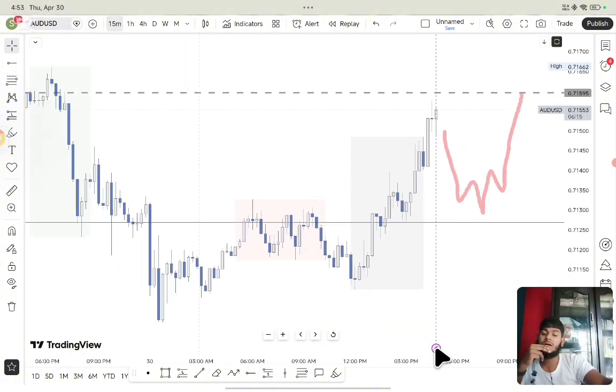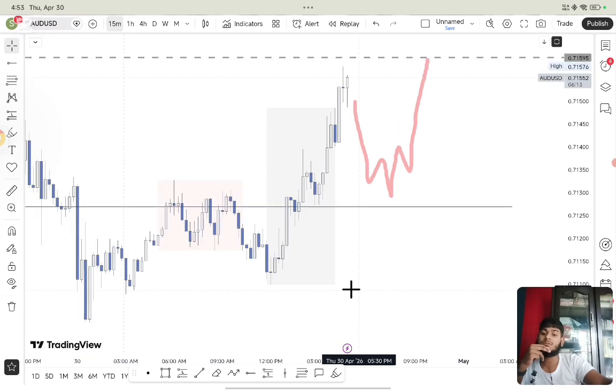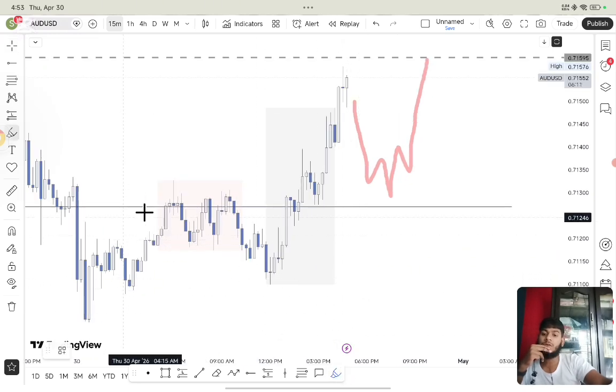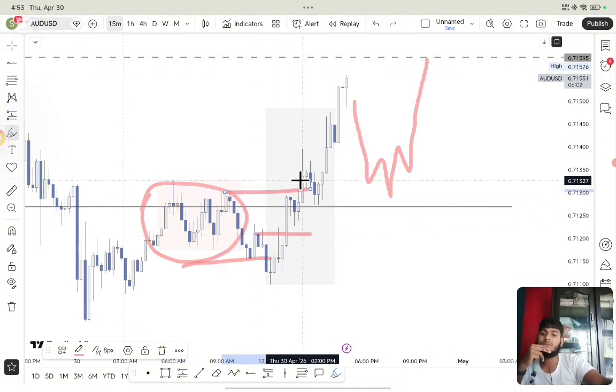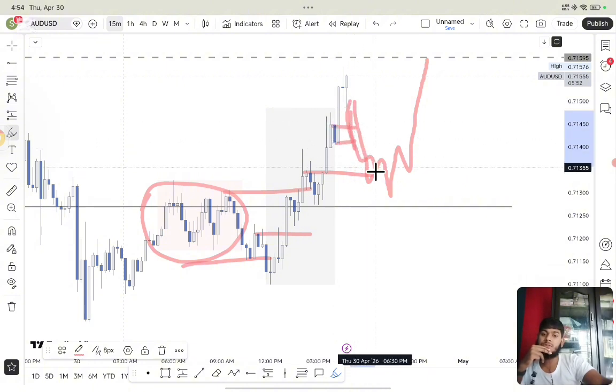Now last but not least is this M15. The whole Asia session got liquidated by this first shift. Then comes the second shift, and then we have this third shift. So that's what I want to see in my session, and that is this order block being liquidated.